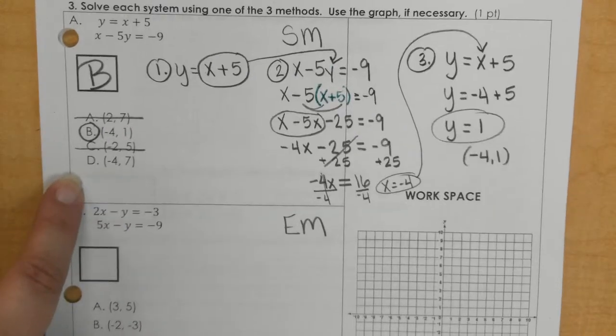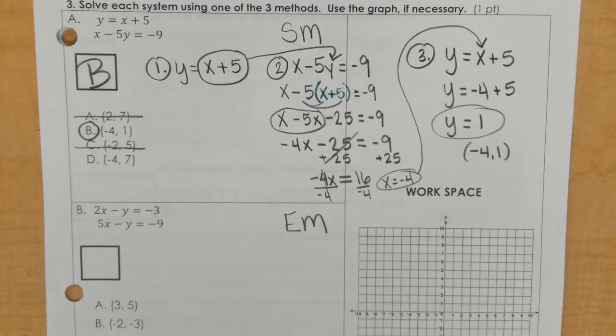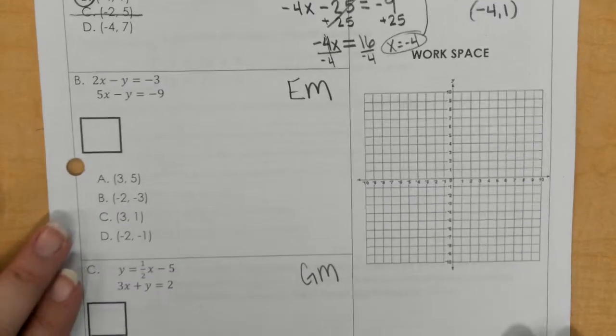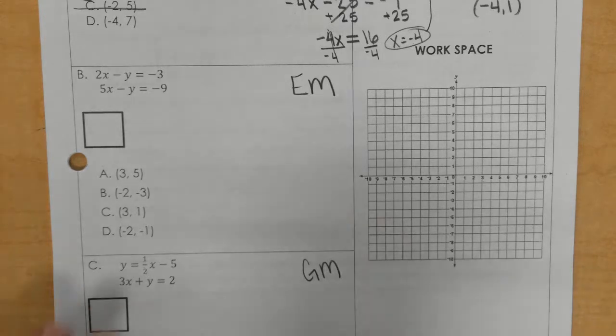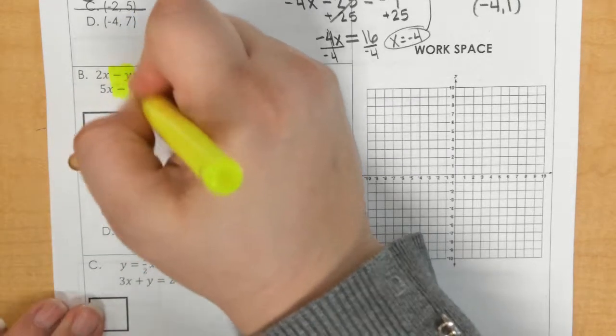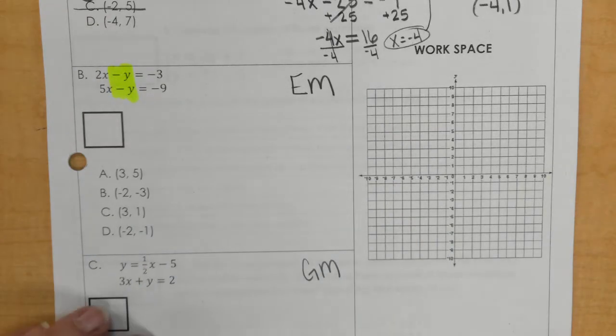Okay. In part B, I have to decide what to eliminate. So I would personally pick my y's because I have two negative 1s. And I want to make one of those a positive 1y.